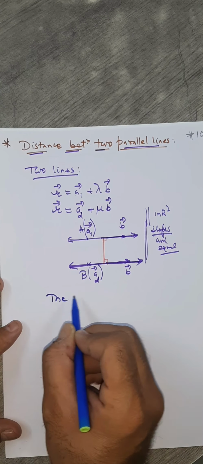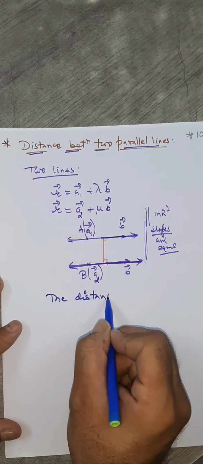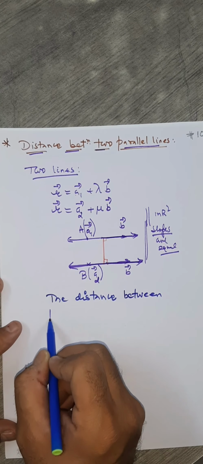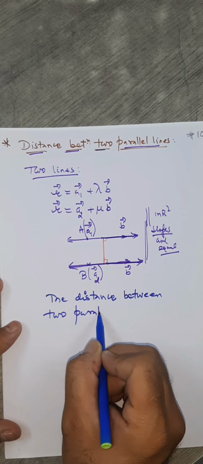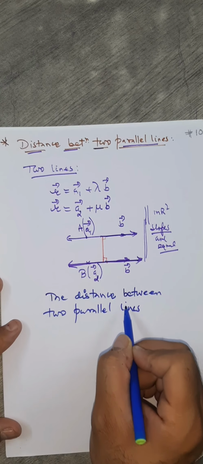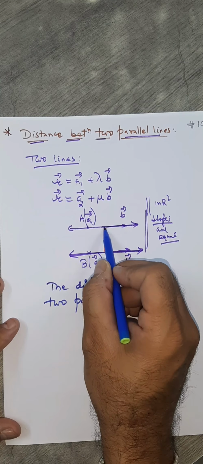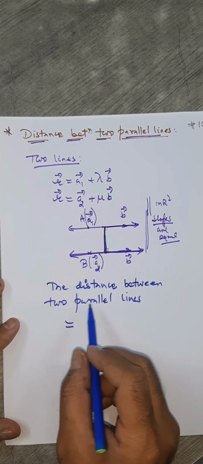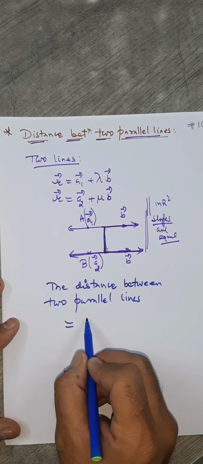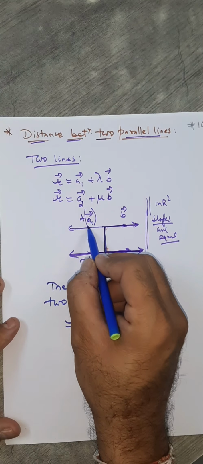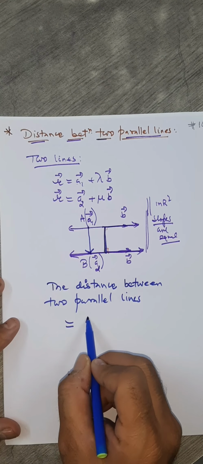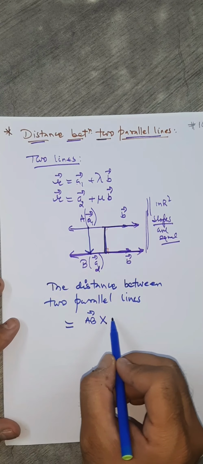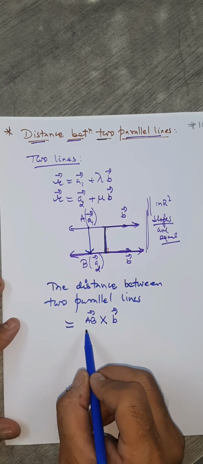The distance between two parallel lines, that's this distance, is given by the cross product of the difference of these two fixed vectors, which you can call vector AB, for example, or BA, whichever, with the direction of this line, upon its magnitude.